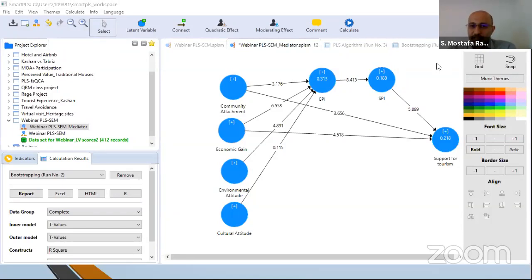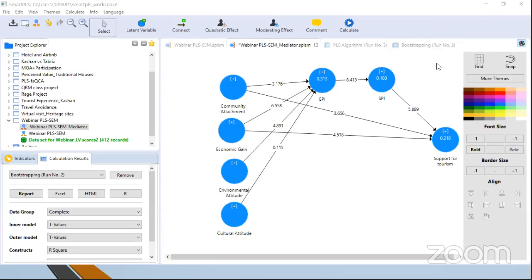What's your logic? First, you say community attachment, based on literature and theory, has an effect on support, directly or indirectly. But you have theory to support this relationship, because your hypothesis refers to the effect of community attachment on support, directly or through some variable. So you need support from theory for this effect.